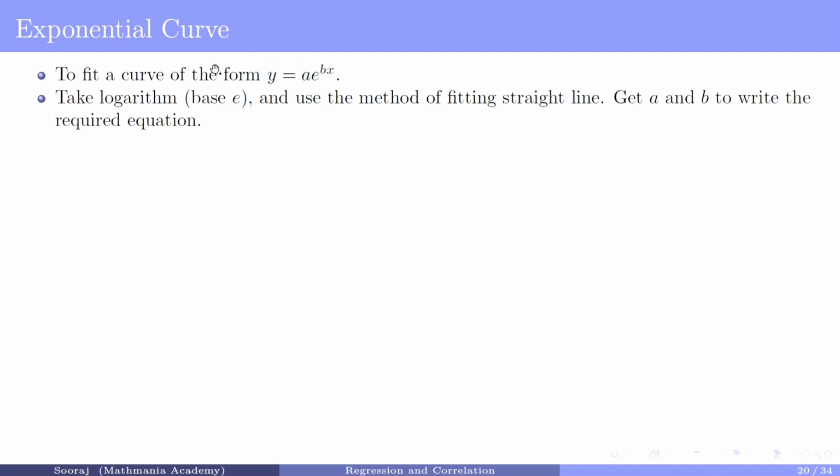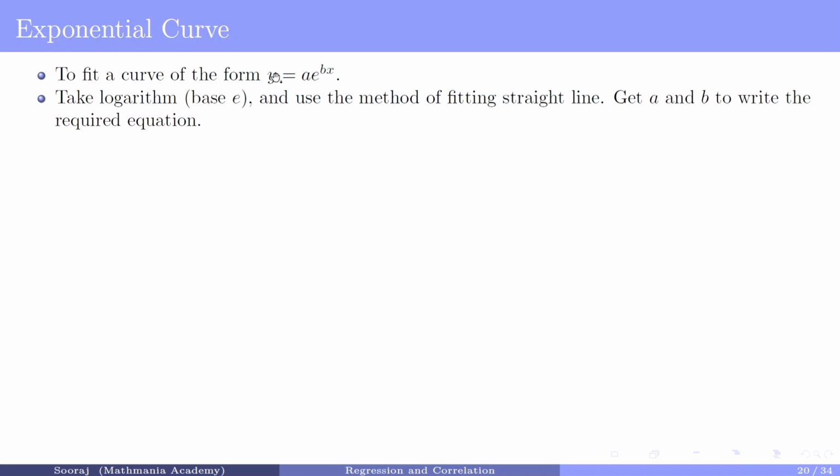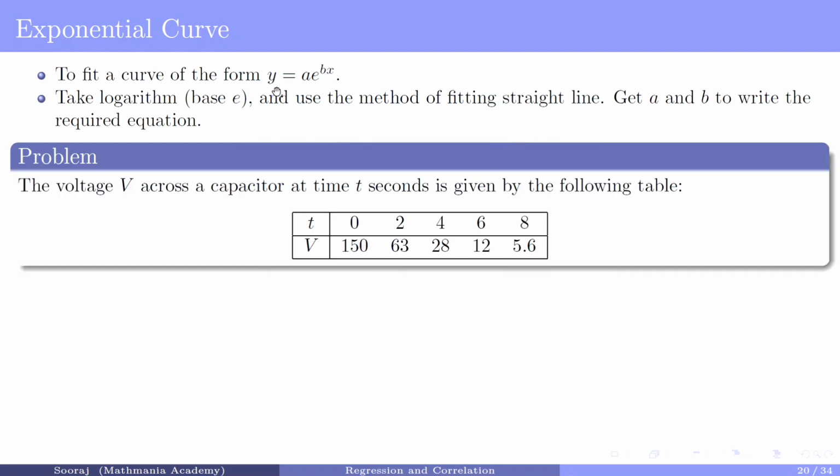And log y we take to be some other variable, because the data values of x and y are known to us, given in the problem. Once you know y, you can very well calculate log y. Then things will flow as we have done in the linear regression case.